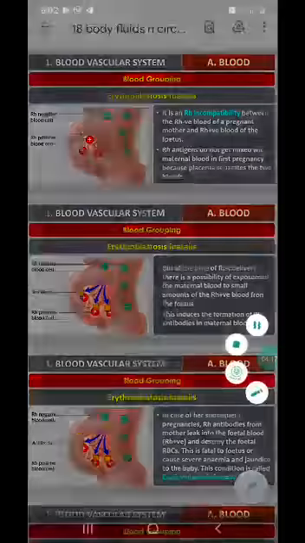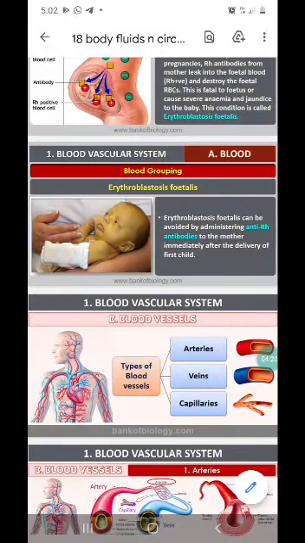During erythroblastosis fetalis, the child may die, or sometimes is born alive with many malformations, as I told you, with severe anemia, jaundice, etc. So this is prevented by administering anti-Rh antibodies to the mother.